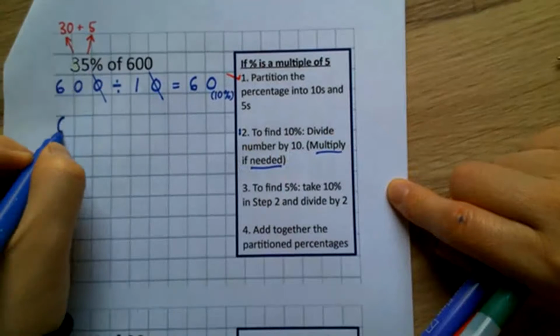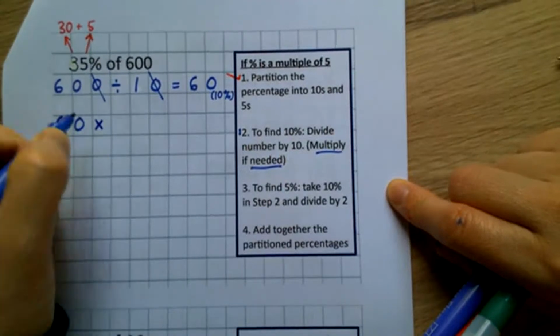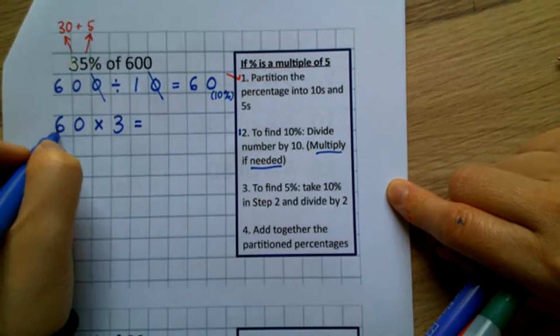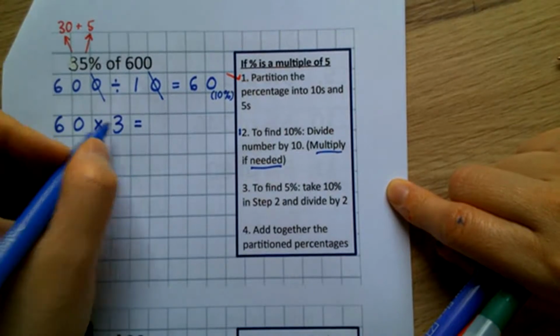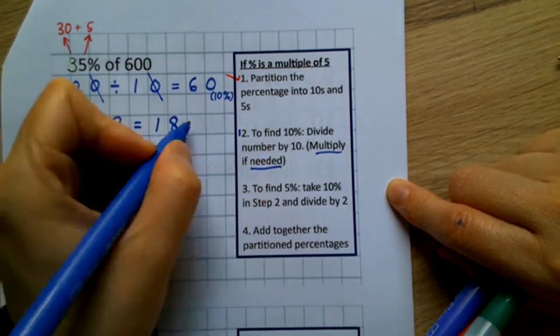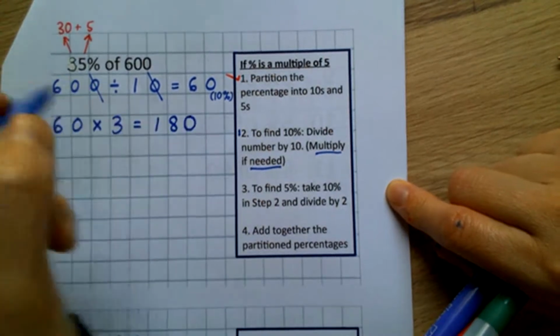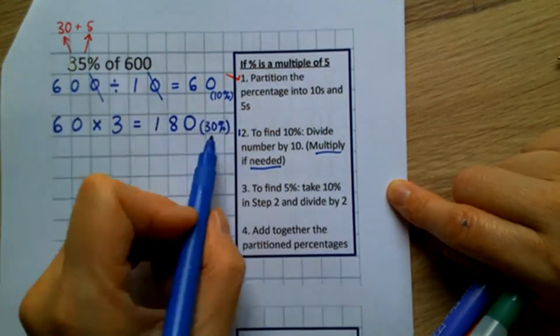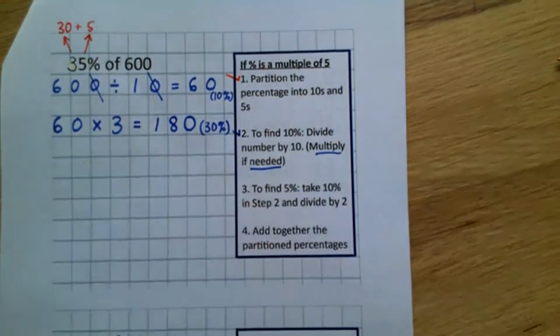So I'm going to multiply 60 times 3. So 6 times 3 equals 6, 12, 18. 3 times 0 equals 0. So now I know this is 30%. That's really important. Great.